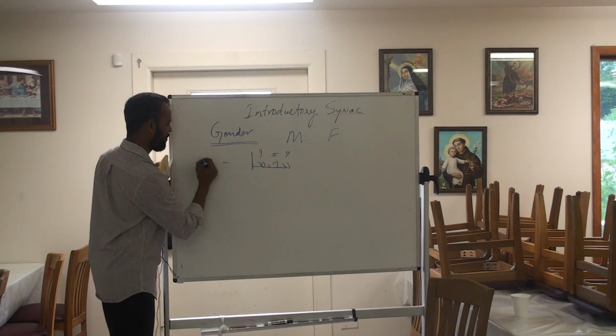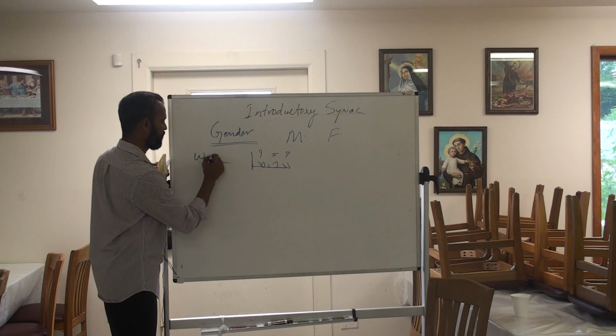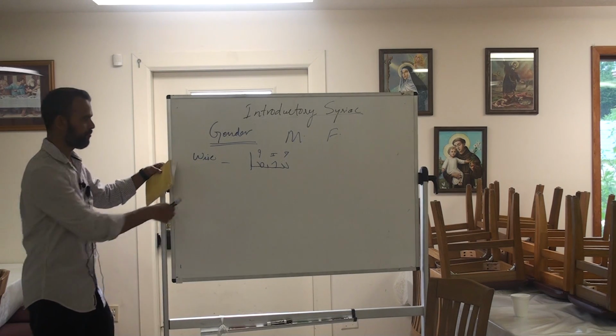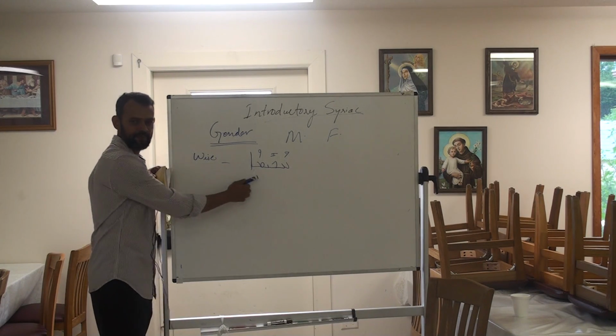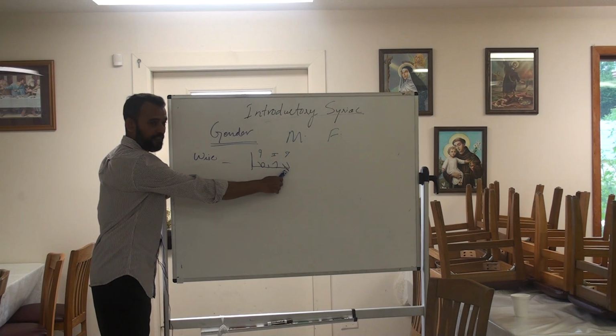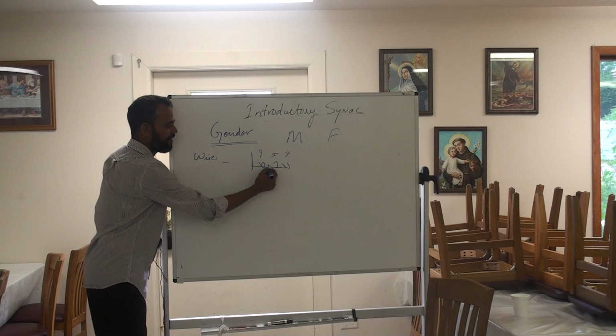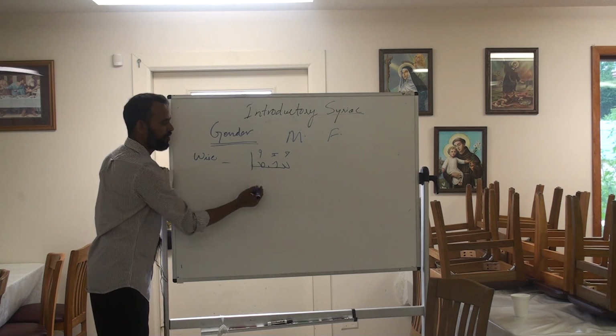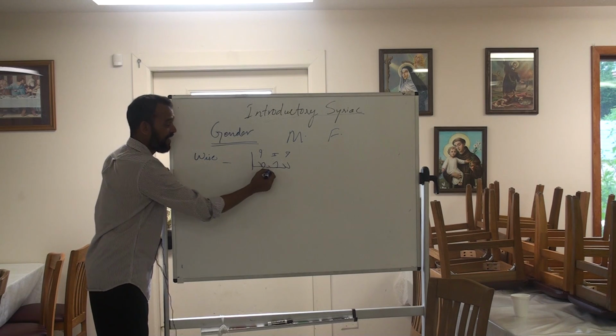Can you read it? Meaning is wise. Ha, ki. See the yod. Mo. Just notice one thing. If the height of this yod goes a little more, it will change it into na.